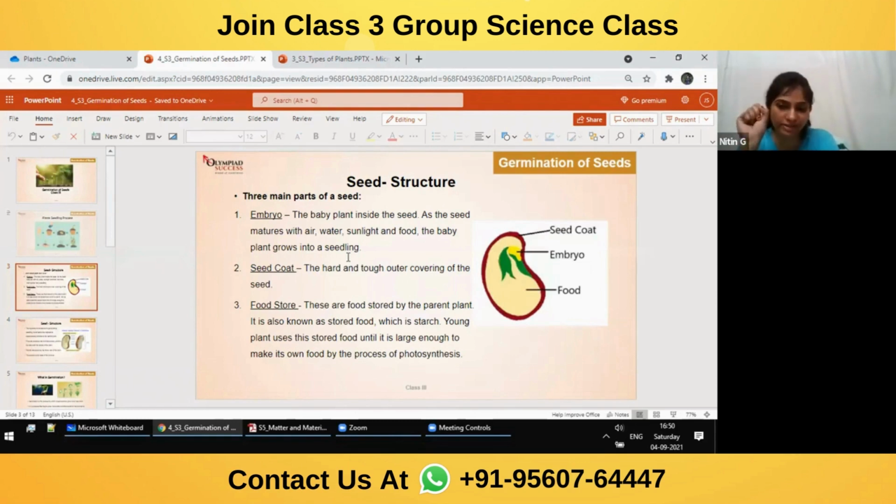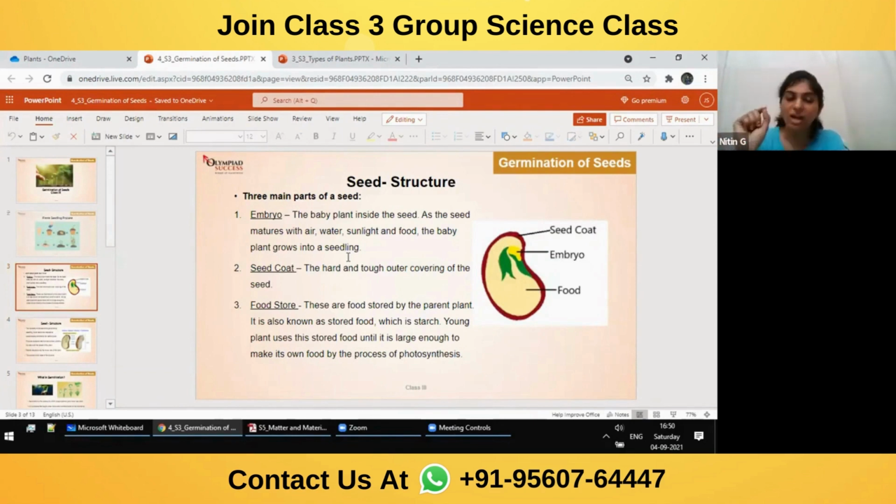No, here is a twist. When the seeds are there, the seeds require oxygen and water for germination. They require oxygen and water from germination till they themselves become big enough to photosynthesize. Then they take in carbon dioxide and give out oxygen.